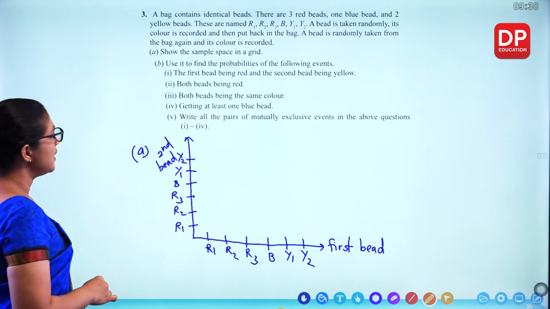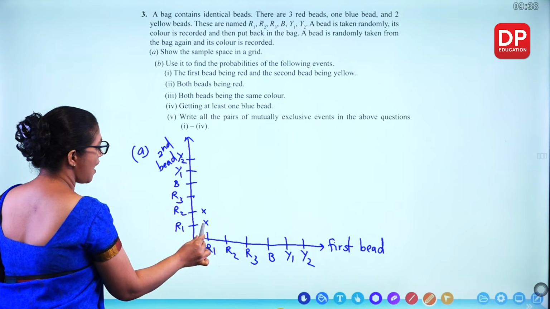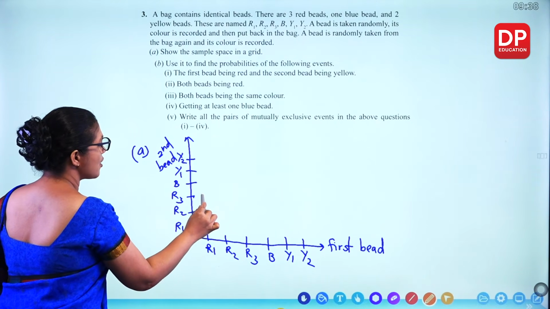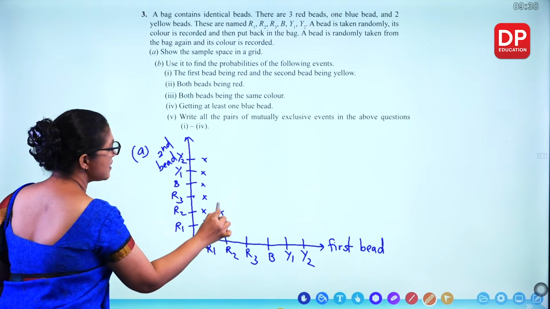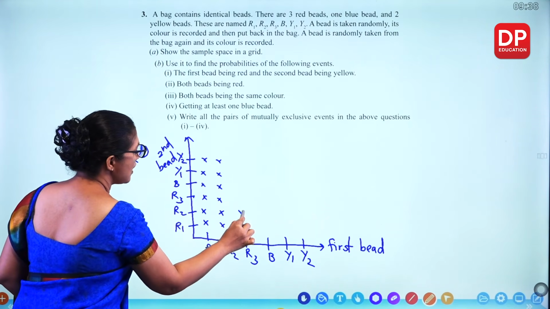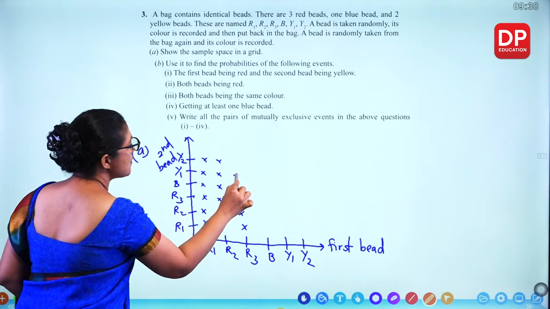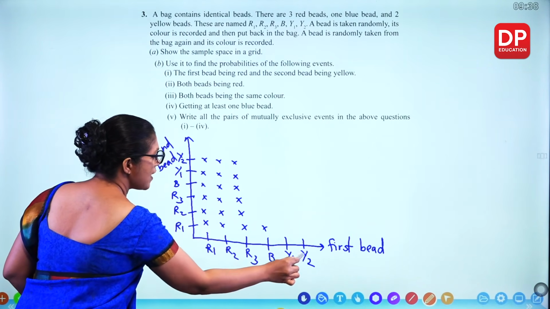So what are the possible outcomes? These ones. This means R1, R1, R1, R2. So like that, you can mark all these possibilities. So altogether, how many outcomes are there? One side, 1, 2, 3, 4, 5, 6.